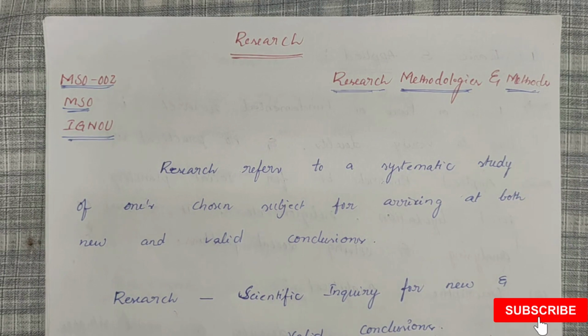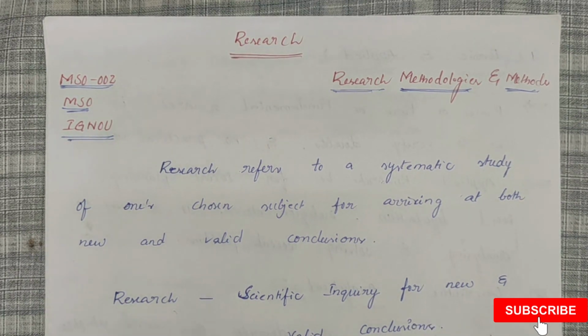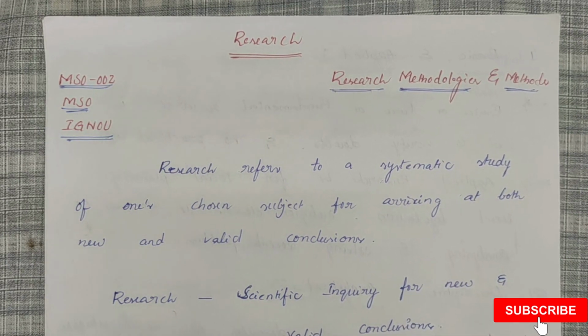So research means we are again searching whether those conclusions are valid or null. Understand? By this we can form new research, new conclusions, or we can update those valid conclusions. Research in the sense of scientific inquiry for new and valid conclusions.